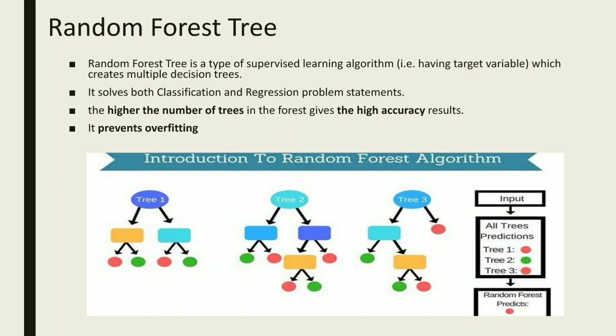But the output Python gives is in a format that is a little difficult to read. So there are other libraries, like the GraphViz library, which give the decision tree as a graph that is easily visible. You can easily see it, and just by looking at it you can see what decision the computer has made based on your data.